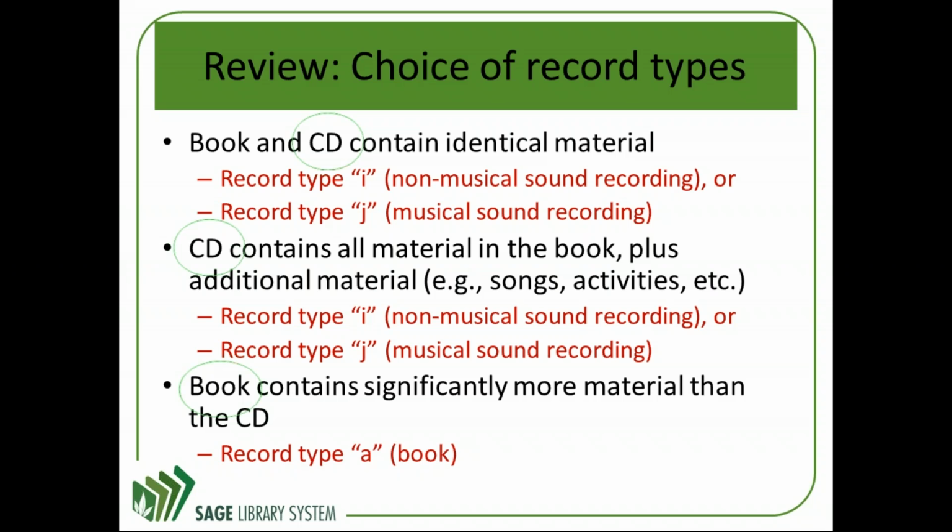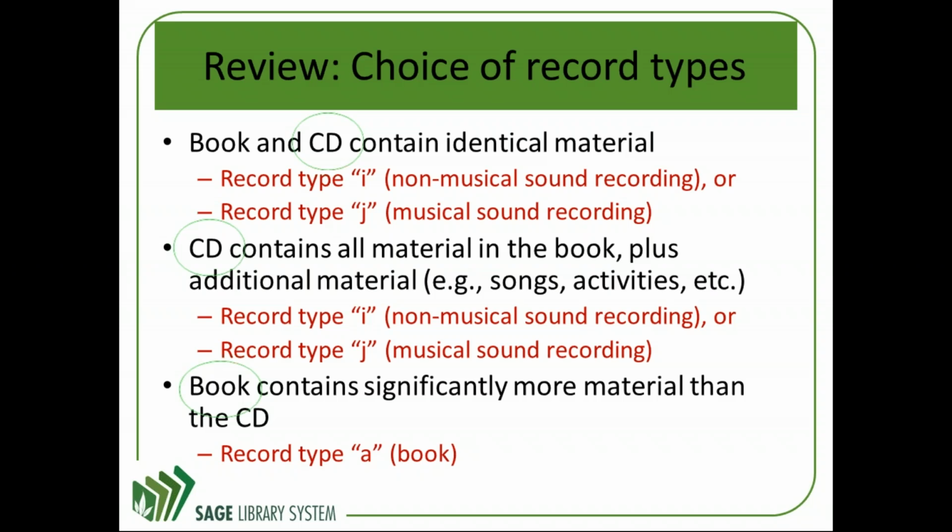So we privilege the CD in this case, and so the record type that you would choose would either be an I record or a J record, depending on whether it's a musical sound recording or a non-musical sound recording.